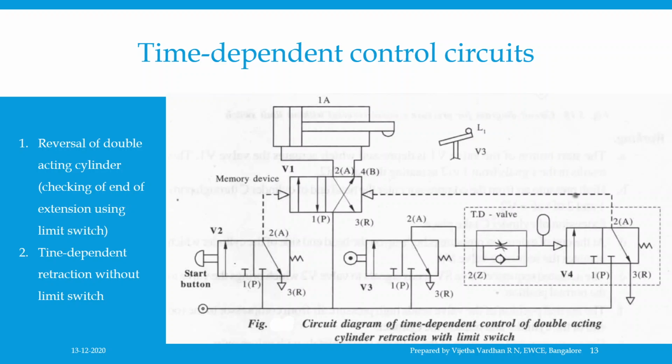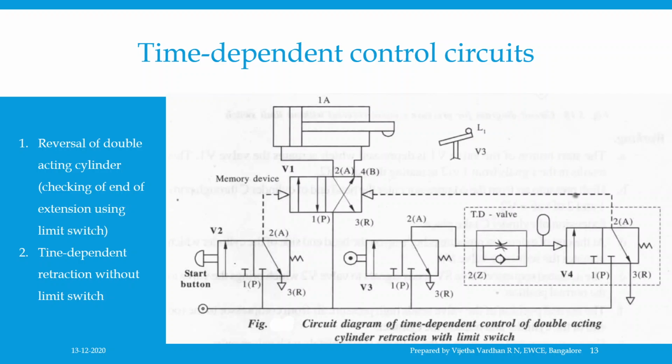Then we have one more concept that is called time dependent retraction without limit switch. This circuit has the advantage of working without the limit switch but at the expense of operation reliability. In case the time element is pressurized as soon as the valve V1 is actuated, that is, at the beginning of the extension stroke, the pure dwell period of the piston rod in its end position is dependent on the duration of the extension stroke, which can vary tremendously.